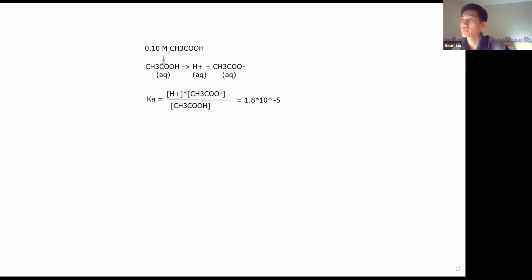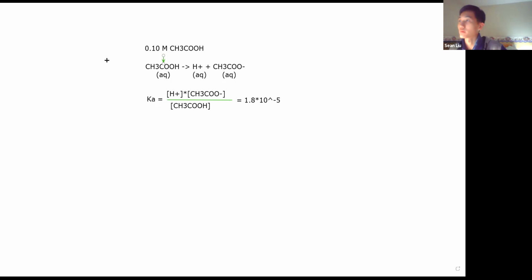Larry asks, why is it one? If one of this molecule breaks apart, just think about CH3COOH breaking apart. You have H plus, you have CH3COO minus. One molecule of reactant would break apart to one molecule of one product and one molecule of the other product. Does that make sense, Larry? Yeah.